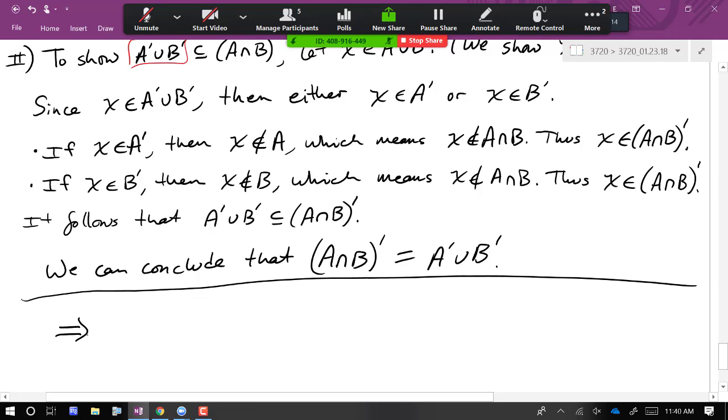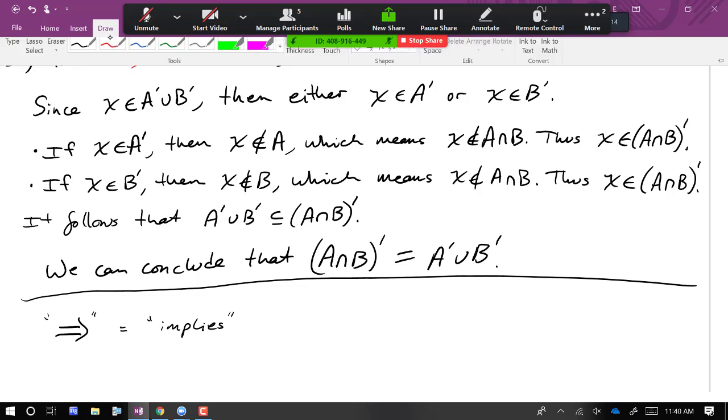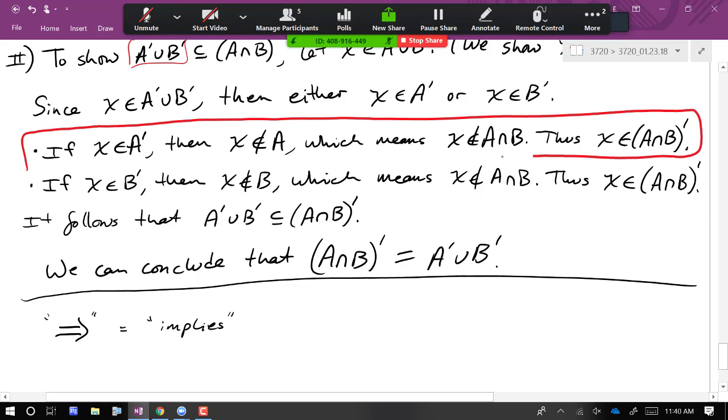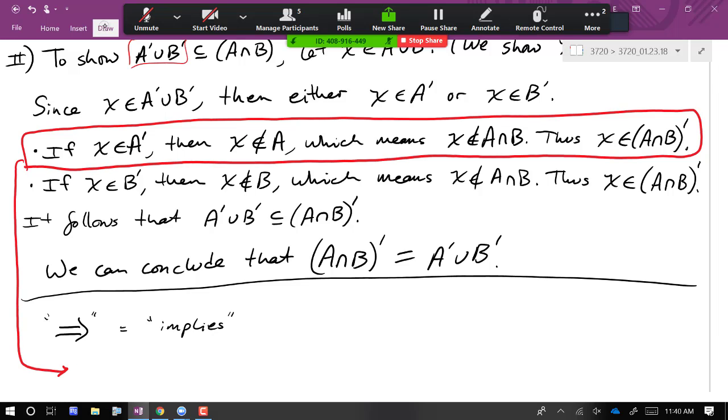Let's see, this symbol right here means implies. So if I take this statement here, I could also write that same statement with this.